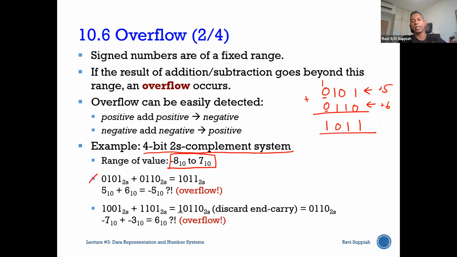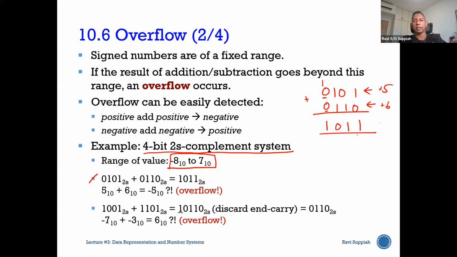So you must always relate the answer that you get to the representation you're talking about. In this case, it is a 4-bit 2's complement system, so the answer 1011 cannot be 11. And this is what we call an overflow condition.